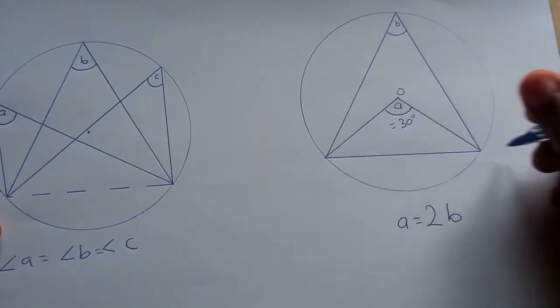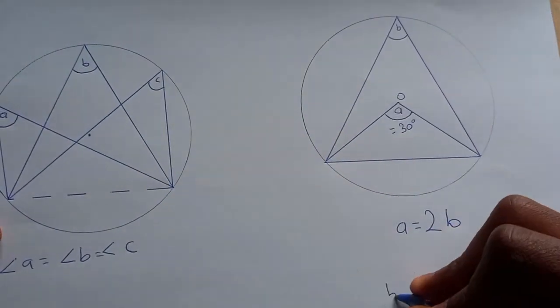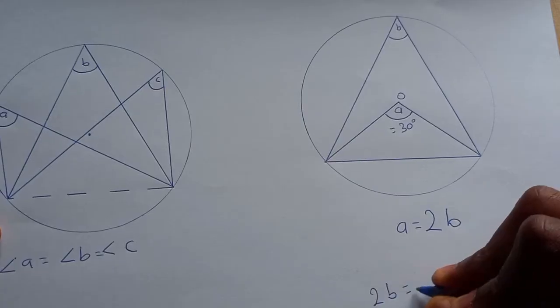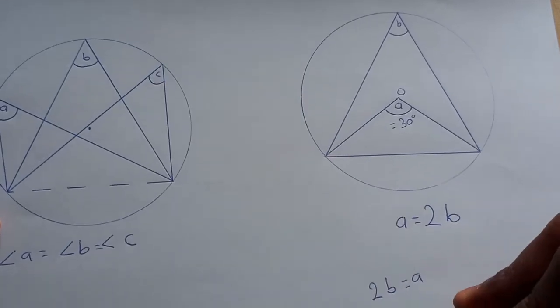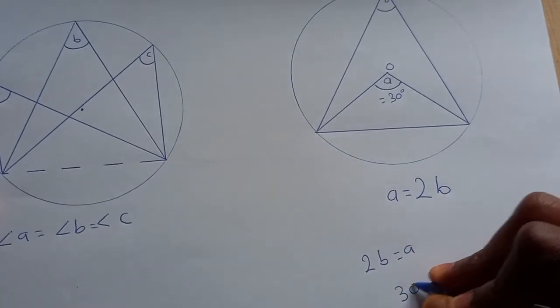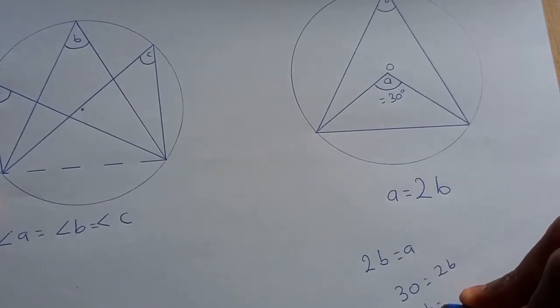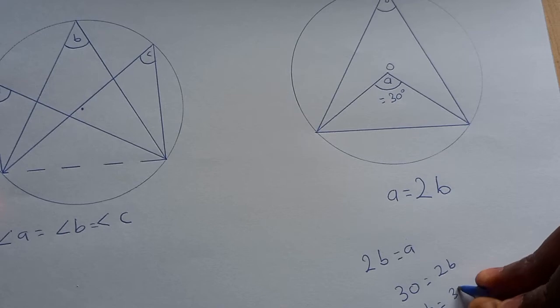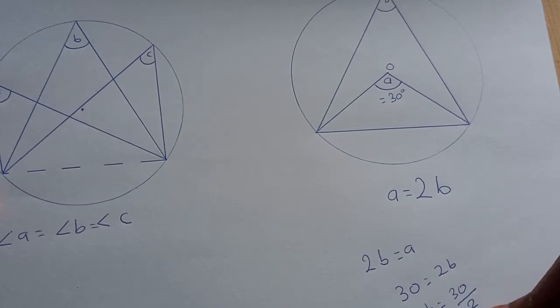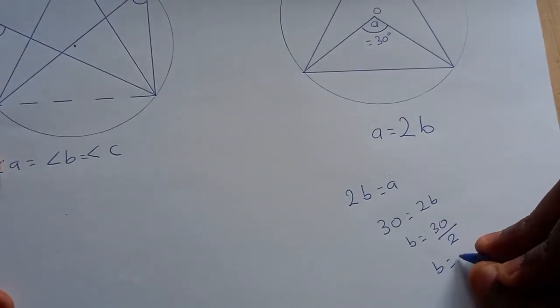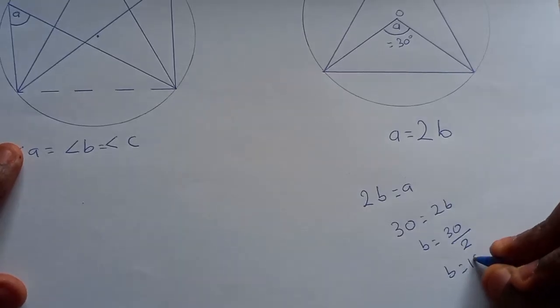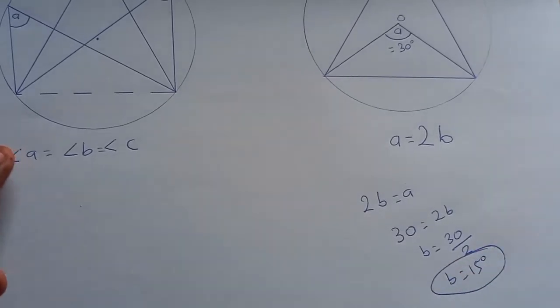Because it has the same chord, angle A will be 2 times that of B. So 30 is equal to 2B. Therefore, B is equal to half of this, which is 15 degrees. Are you getting it?